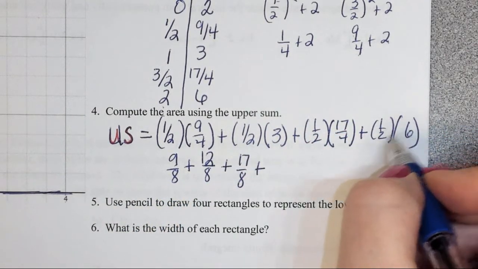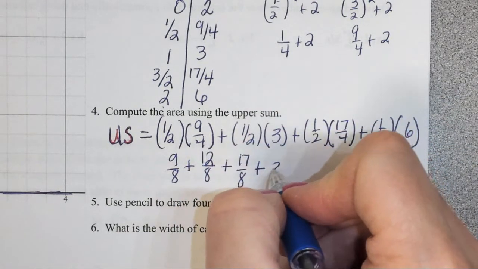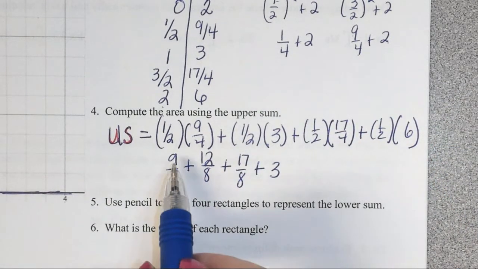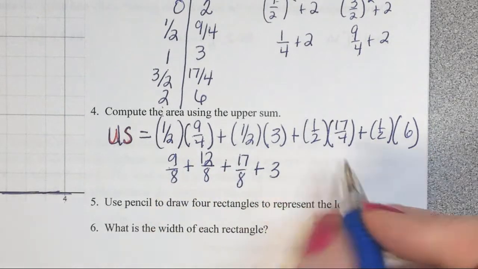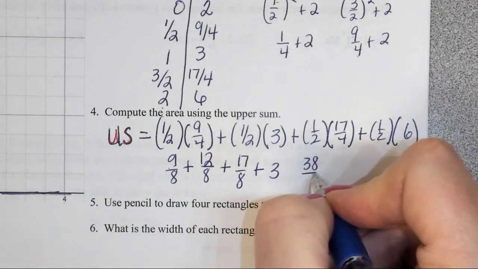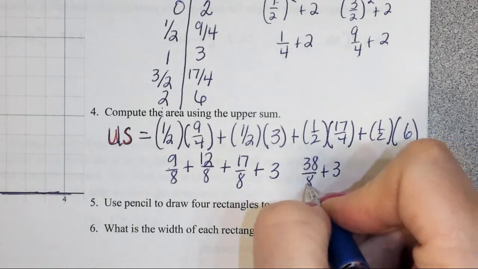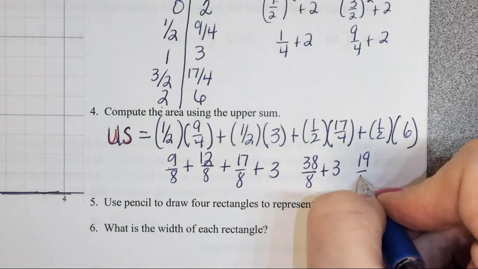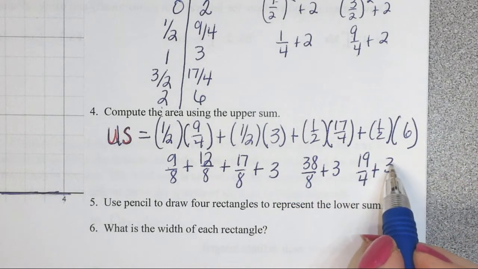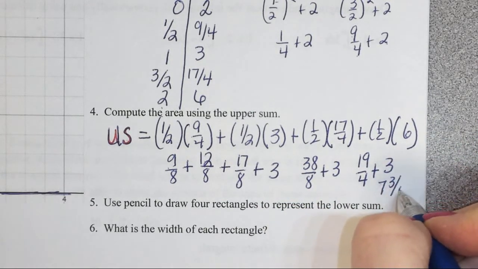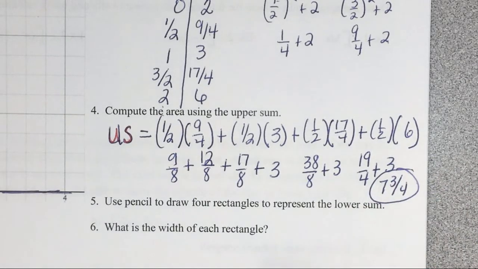And this would be 6/2, which is 3. I'll just keep that as 3. Okay, so now adding these, 12 and 17 is 29, and 9 is 38/8 plus 3. Well, 38/8 is going to be 19/4 plus 3. That is 4 3/4 plus 3. That's 7 3/4. Okay?